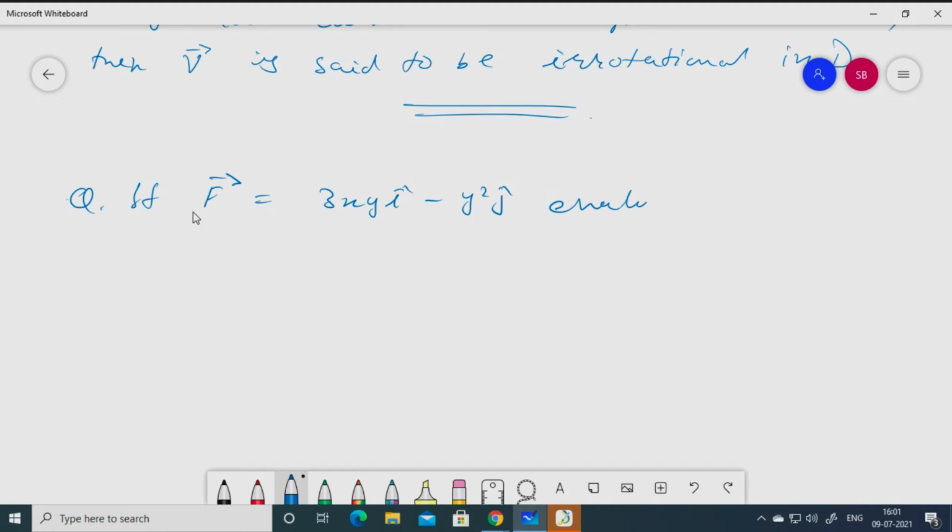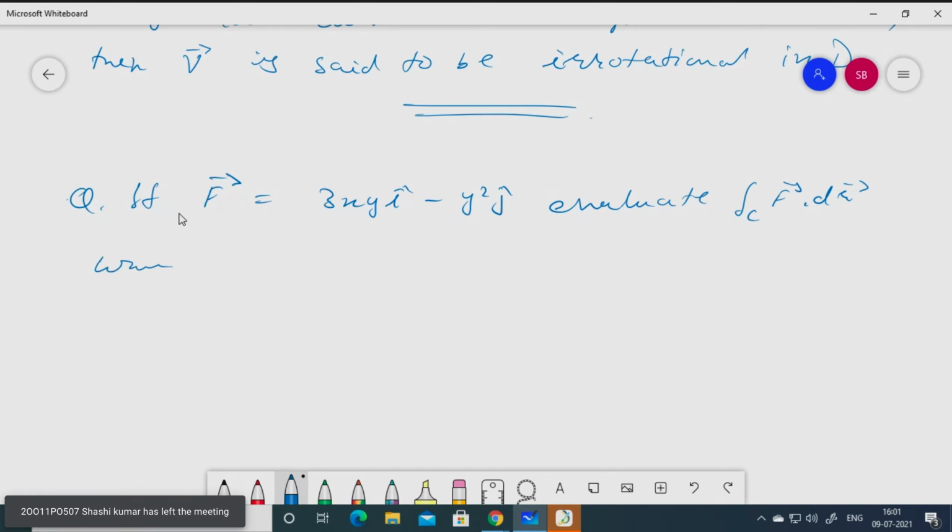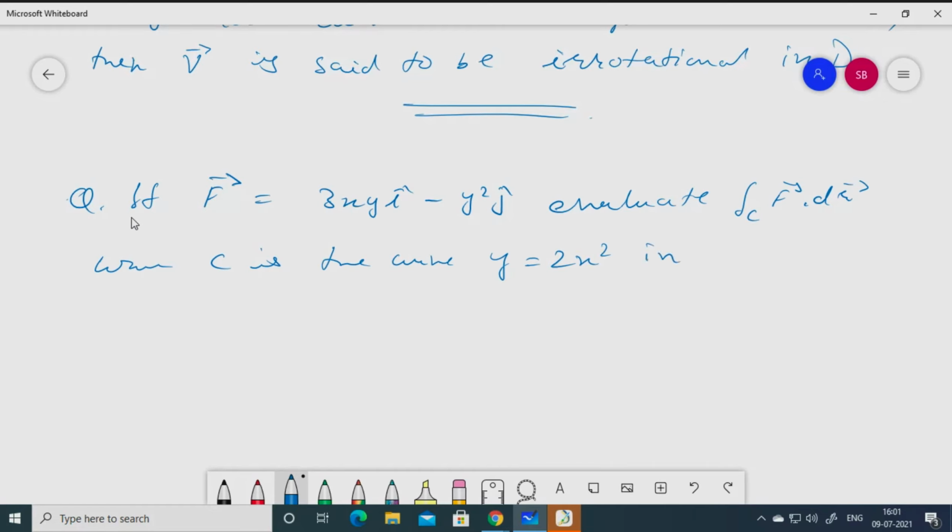Evaluate the line integral of F bar dot dr. Here it is not mentioned what this F bar represents. Is it force or velocity or something else? You just need to calculate the line integral of this vector where C is the curve y is equal to 2x square in the xy plane from (0, 0) to (1, 1).